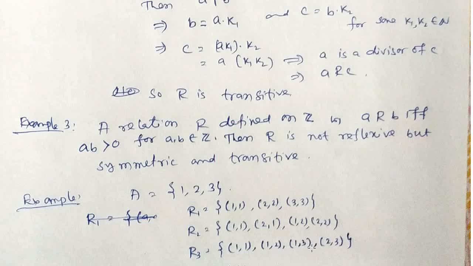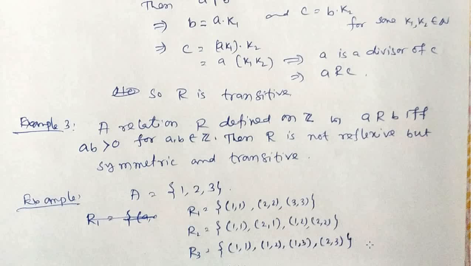But here it is not symmetric, because 1 2 का उल्टा 2 1 नहीं है, but transitive हो जाएगा, because here 1 2 and 2 3 are there, and 1 3 is there. So we can give several examples by combining these elements.